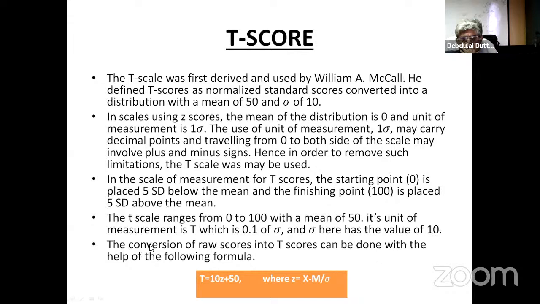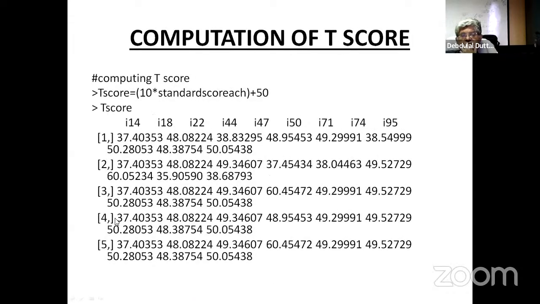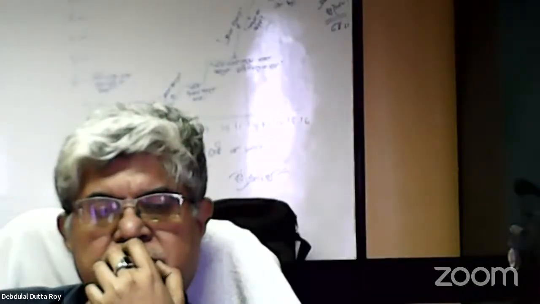The conversion of raw score into T-score can be done with the help of the following formula: T equal to 10 Z plus 50, where Z is our standard score. So computing T-score for norms becomes very easy.